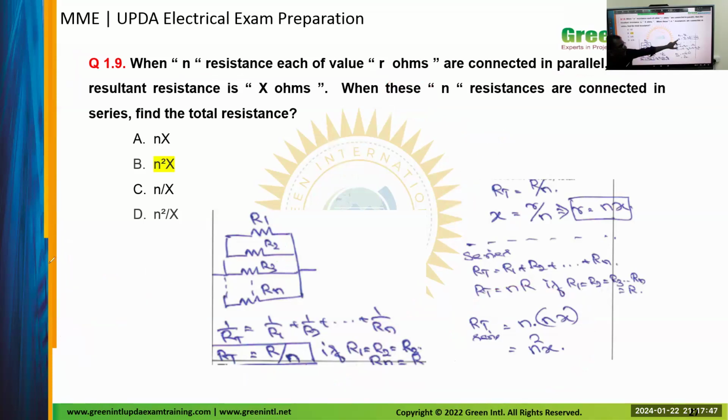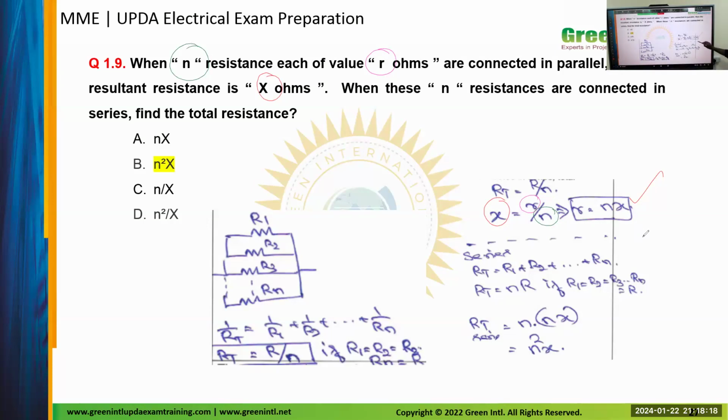One by one you may see that. Here, small letter R: X is equal to R by N, so R is equal to N into X. So that's how we get this equation.